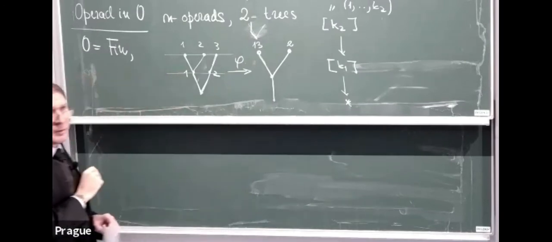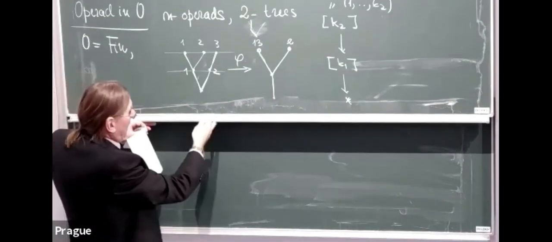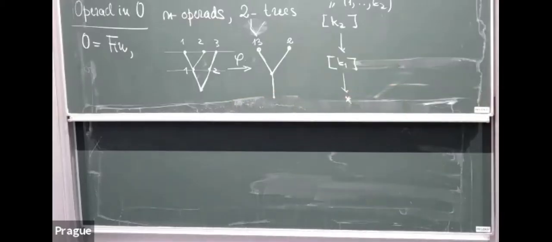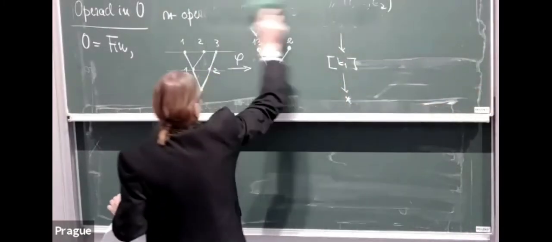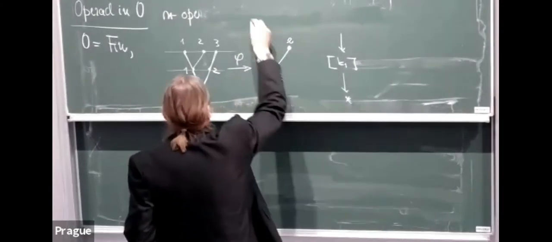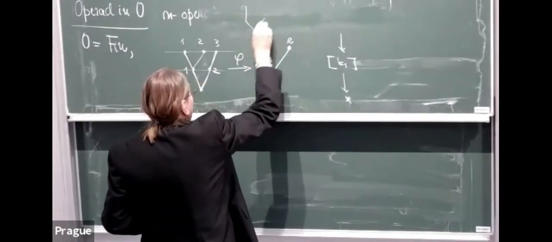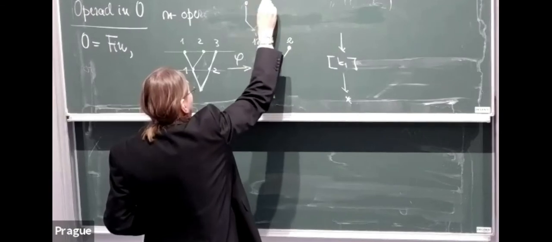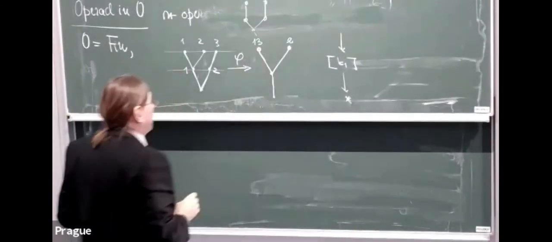Is it still visible? That's okay. I'll erase something above it, so I'll get more room. All right. So this is the first fiber.